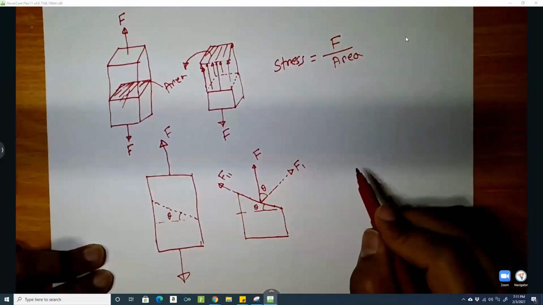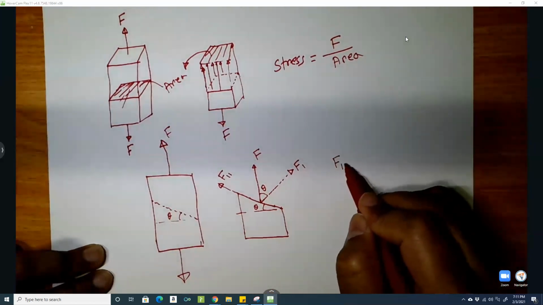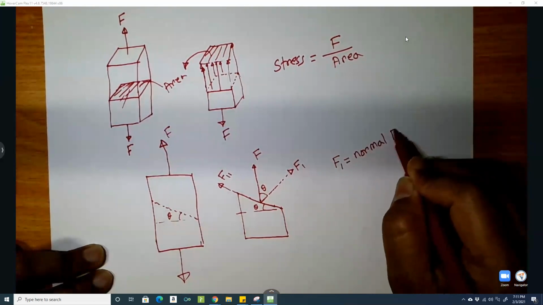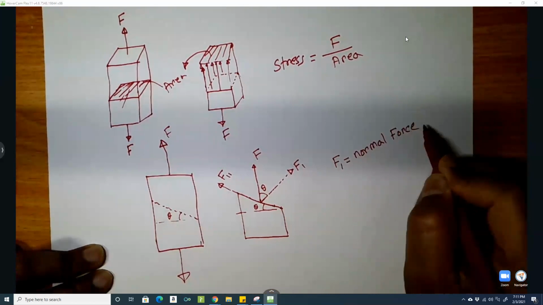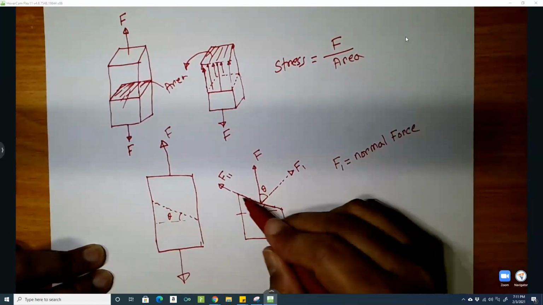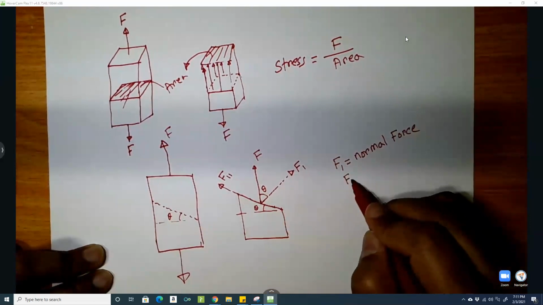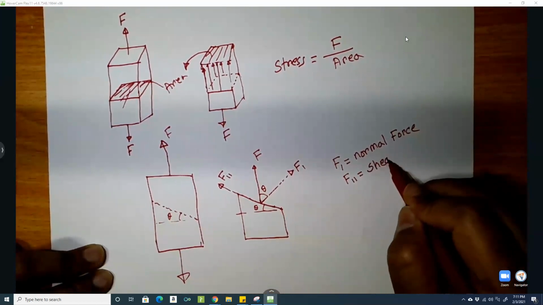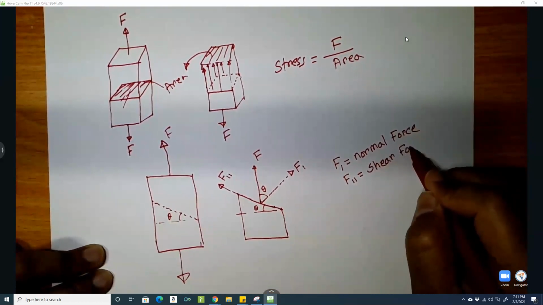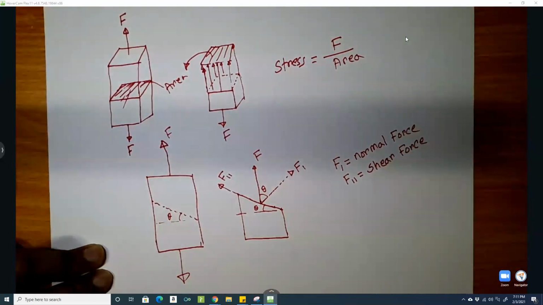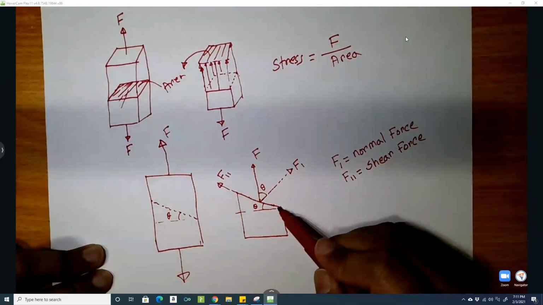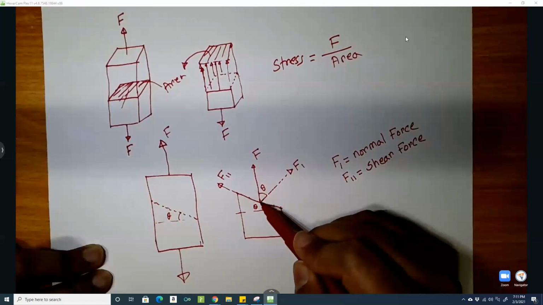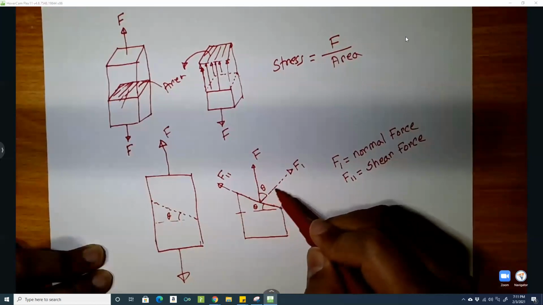So this F1 is normal force because it is normal to this plane. This F2 we call shear force, which is parallel, acting along this plane, and this F1 is acting perpendicular to this plane.